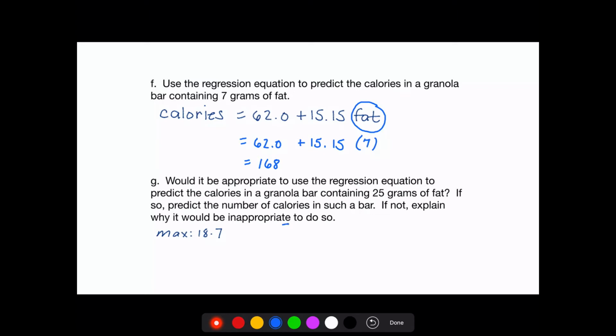It would be inappropriate to use the regression equation because there are no granola bars in our sample with 25 grams of fat. 25 is outside the scope of the data.